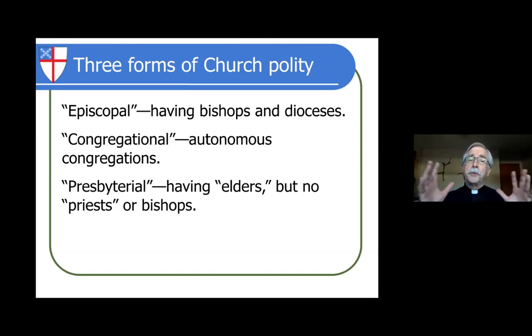So those three, Episcopal, Congregational, Presbyterial, are the most typical way that Christian churches, regardless of where they are in the world or what they call themselves, organize themselves and do their ministry and their work. Any question about those three? Okay.